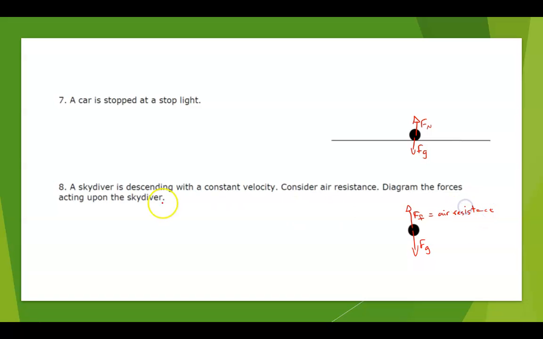And because it's moving at a constant velocity, these two arrows should be the same length. Again, mine might not be absolutely perfect, but it should be at least close. It should be obviously in and around the same, not obviously different.